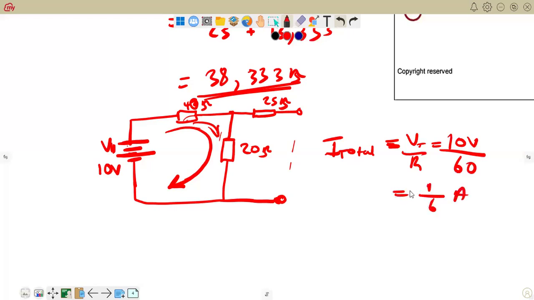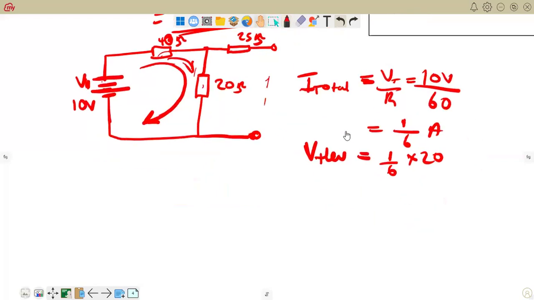Then we calculate VTH. The current of 1 over 6 is multiplied by the resistor, so 1 over 6 multiplied by 20 gives 3.333 volts.